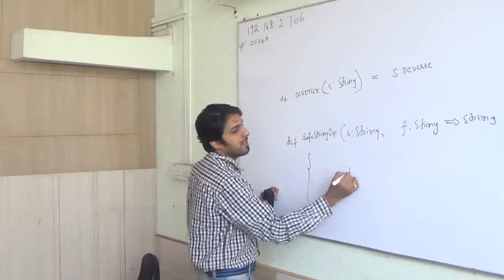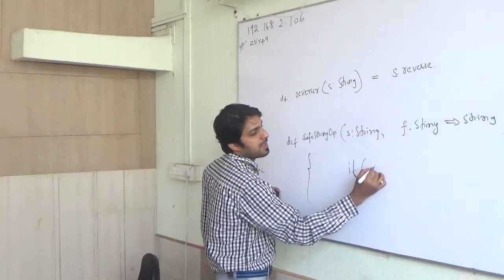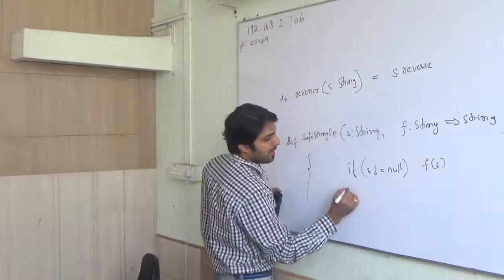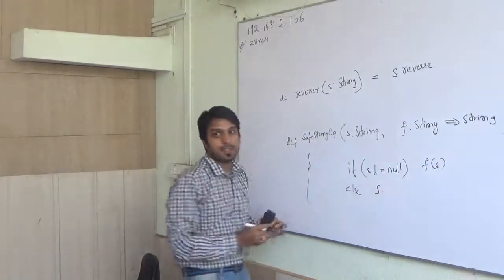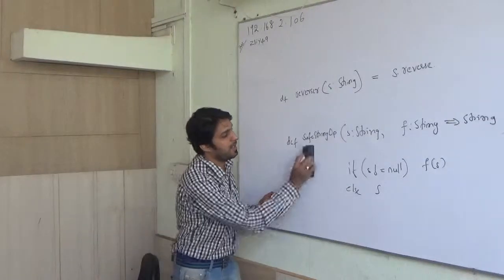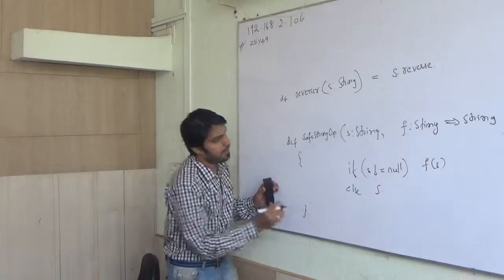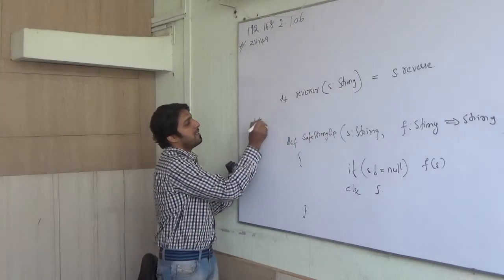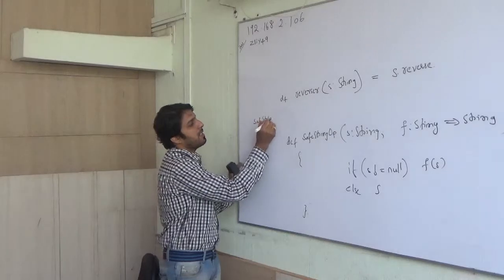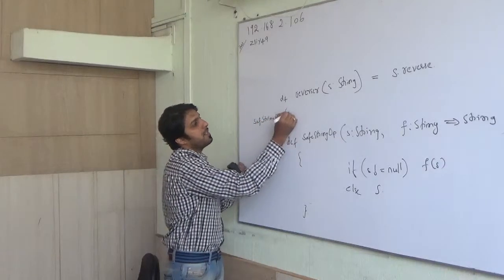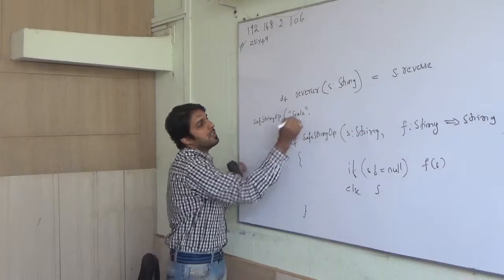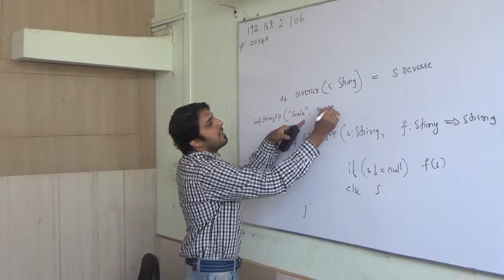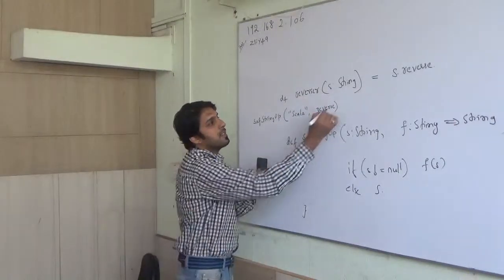Then what it does is, if s is not equal to null, do f of s, else just return s. This is what we are doing. Now we need to call this function. Initially how we did? saveStringOf, we did calling this function, second parameter as reverse. This is the reversal.